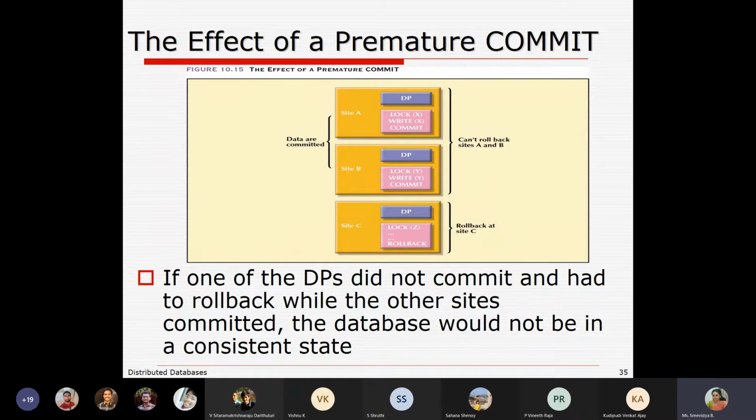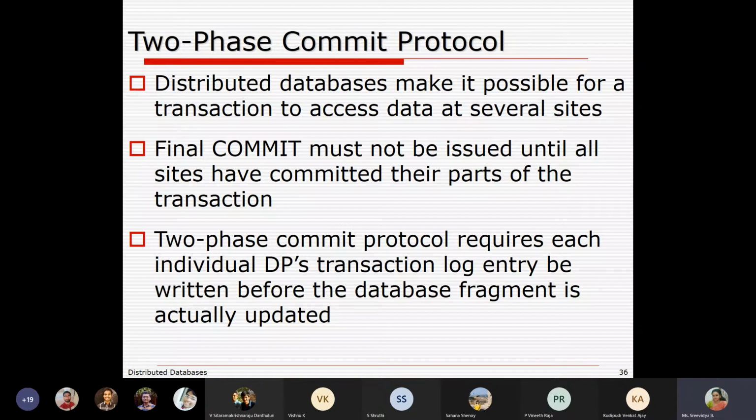If the transaction fails because of site C, then rollback at site C will happen because it is not yet committed, but we cannot roll back site A and site B because those transactions are already committed. So the database will not be in a consistent state. That is the problem with transactions happening in parallel at different sites, and that is the need for distributed concurrency control.